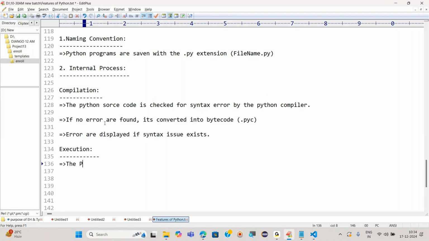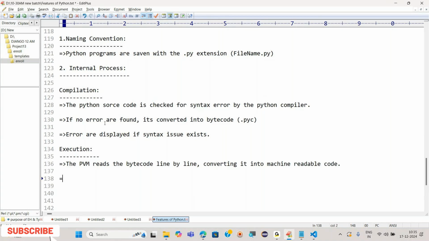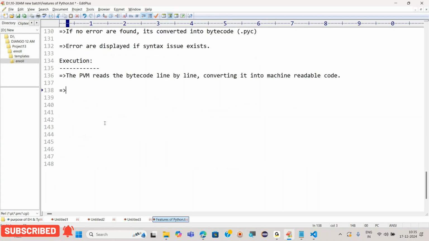The PVM reads the byte code line by line, okay, and converts it into machine readable code. Is it clear? Machine readable code.